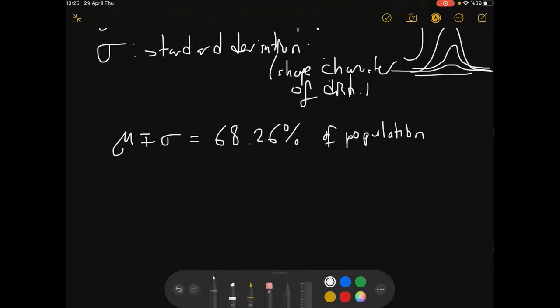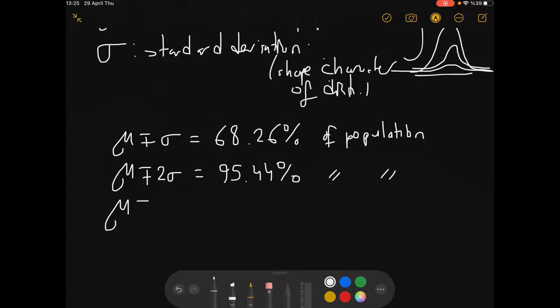You don't need to memorize them, but you need to have an idea, all right? So mu plus minus 2 sigma covers 95% of your population, and mu plus minus 3 sigma spread covers 99% of your population.